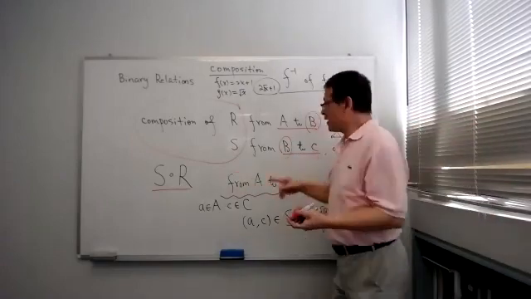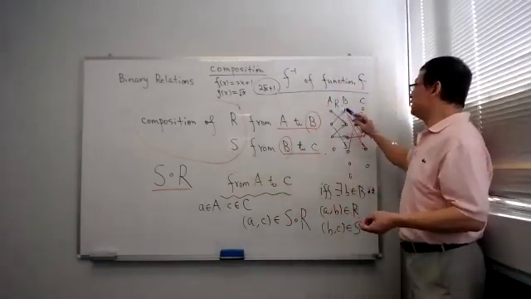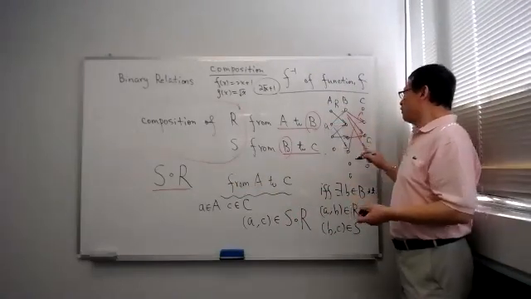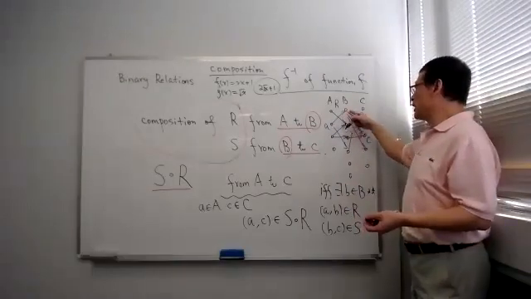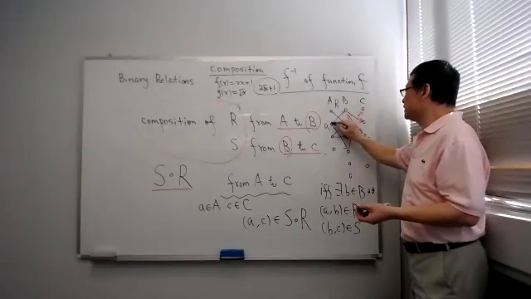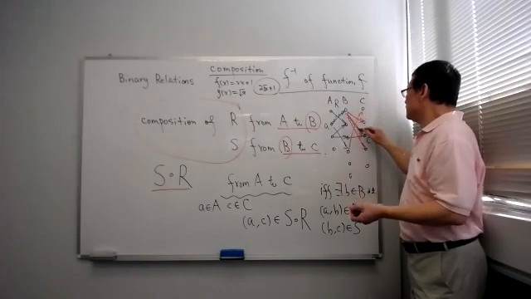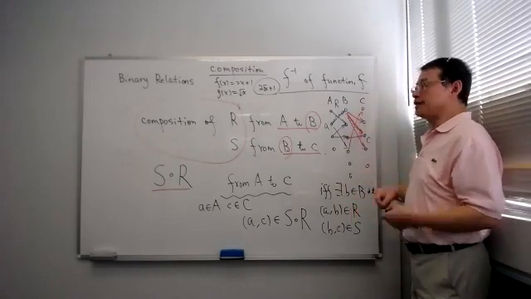The composition relates the element to C if we can go from A to C by following this arrow: one blue arrow, one red arrow. In this case, indeed, we can do this, then these two are related. Otherwise, they're not.